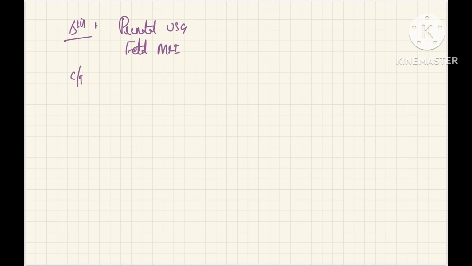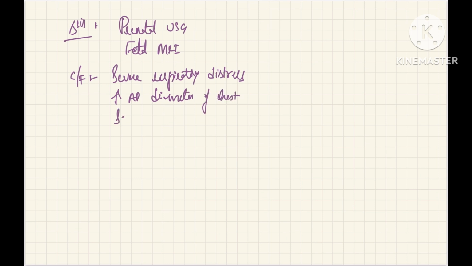Let's see what the clinical features seen in these babies or neonates are. There will be severe respiratory distress, increased anteroposterior diameter of the chest, and a scaphoid shaped abdomen because all the contents of the abdomen are pushed into the thorax.